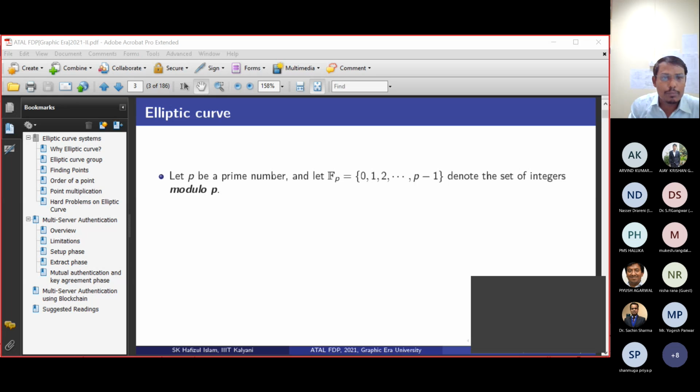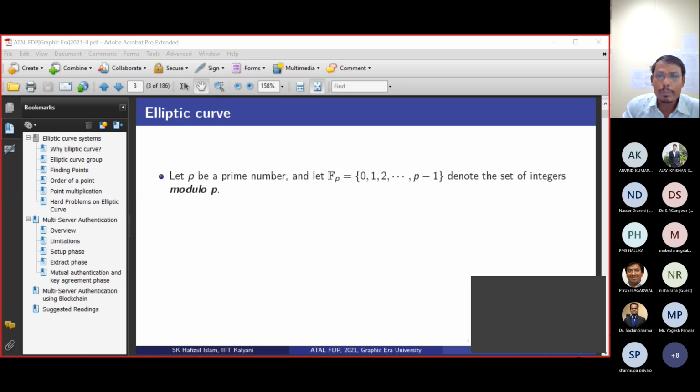Now for the multiplicative group Z_p star, which has the multiplicative inverse. You know, for the multiplicative group, the identity element is 1, right? So what we want is a times b congruent to 1 mod p.